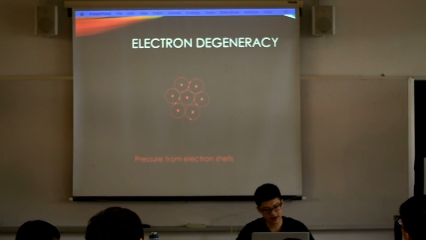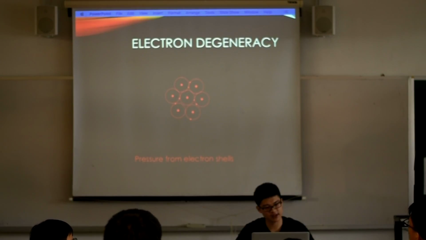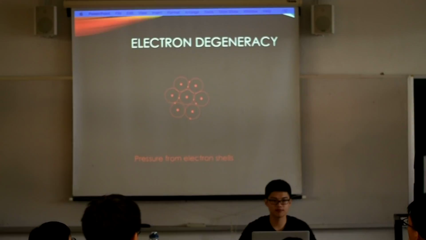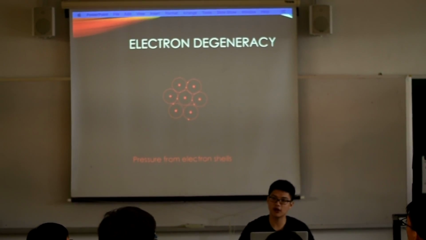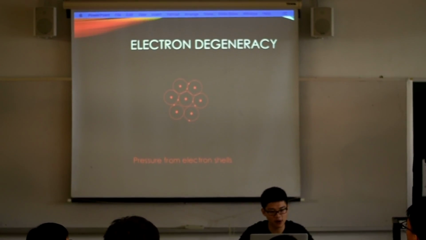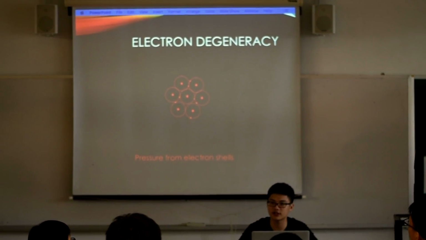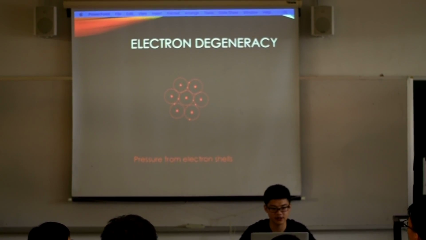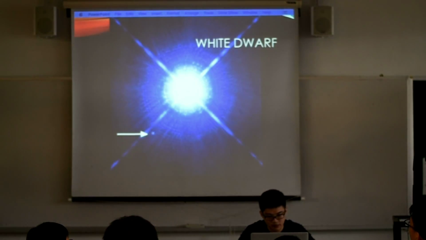When the electron shells almost touch each other, the electromagnetic force generates a repulsion force. At this point, the atoms will not become any closer, and it's called electron degeneracy. This is the reason for the formation of the white dwarf. Otherwise, it will collapse, and we will talk about it later.